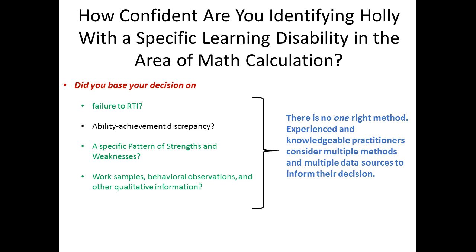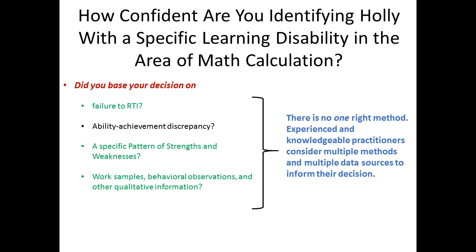So I believe that experienced and knowledgeable practitioners should consider, or do consider rather, multiple methods and multiple data sources to inform their decision. That's what we have to do. And so it's, is it this or this? Well, you have data from RTI, we have to use it, right?